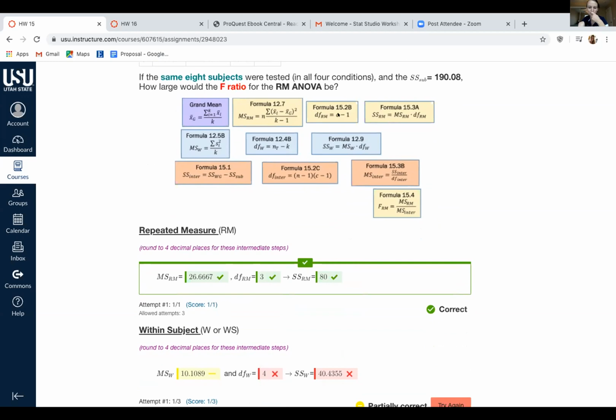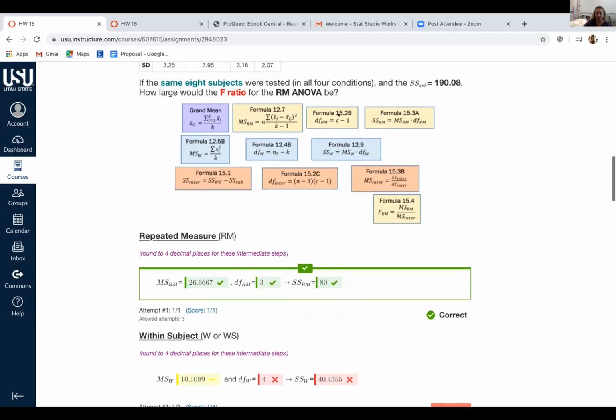The blue boxes that are for within were defined when we were doing one-way ANOVAs, and C and K are interchangeable in that case. Okay, got it. I'll stop sharing. I'm going to try and calculate this real quick. Okay, so that was 15A number 4.